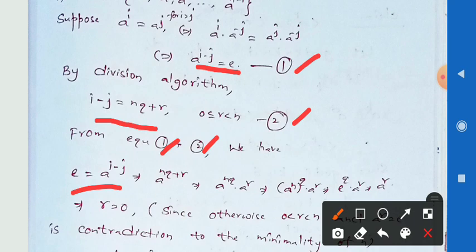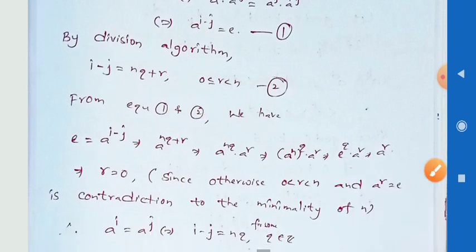Here i - j is equal to nq + r. I am substituting the value, so a^(i-j) = a^(nq+r), which can be written as a^(nq) · a^r, that is (a^n)^q · a^r. Here a^n is e, so e^q · a^r, that is equal to a^r. Therefore r must be 0.